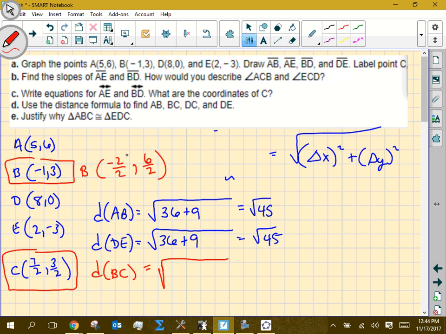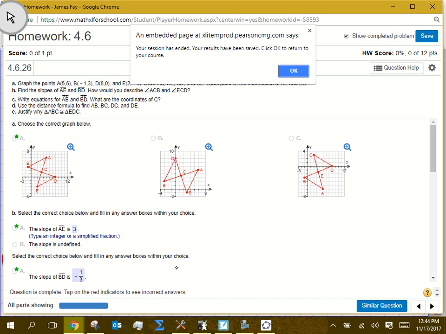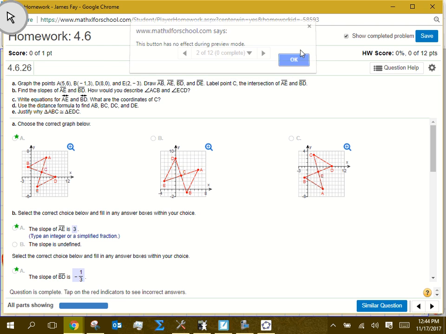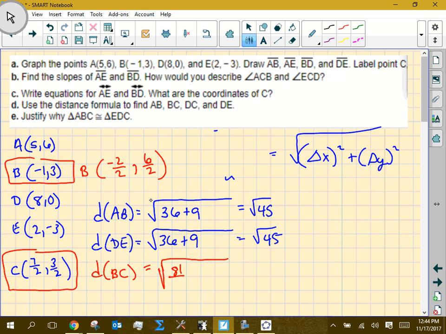What's -2 minus 7? Yeah, -9, right? Okay. -9 squared is 81. Now, hold on a second. So we did -2 minus 7, which gave me -9 squared.